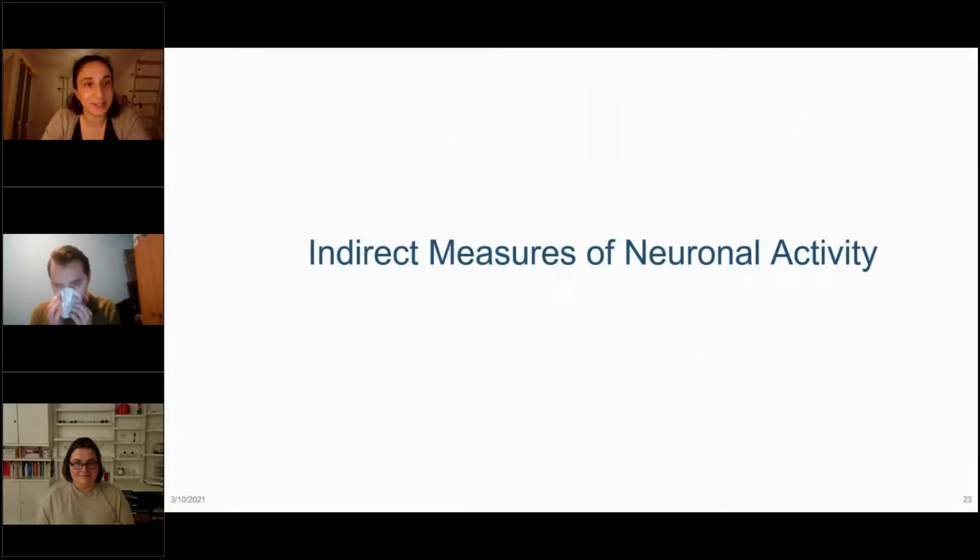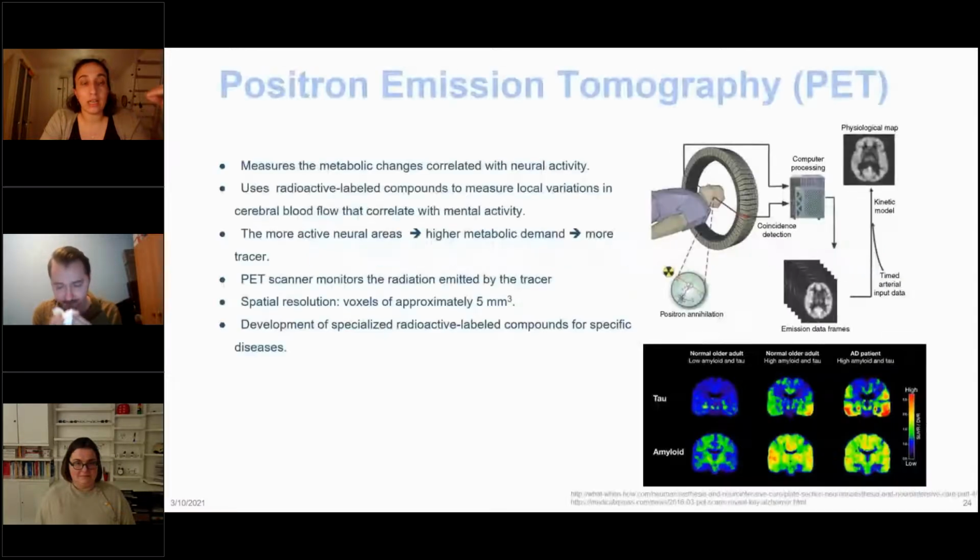And I'm passing to my last section of neuroimaging techniques, which is indirect measures of neuronal activity. And by indirect, I mean that we are not directly measuring the activity of neurons, but we are actually measuring metabolic changes correlated with this neural activity.